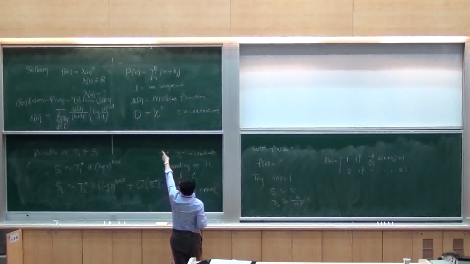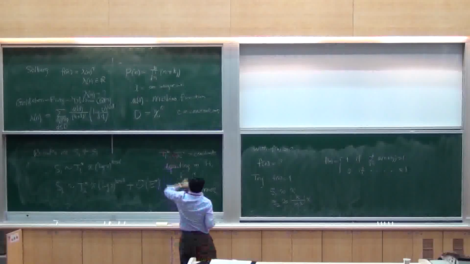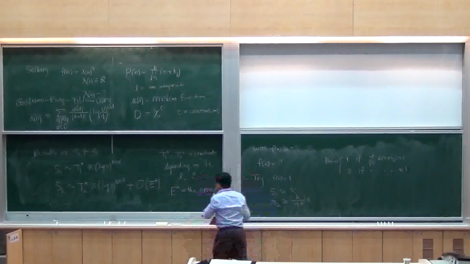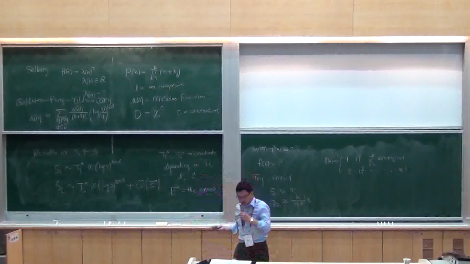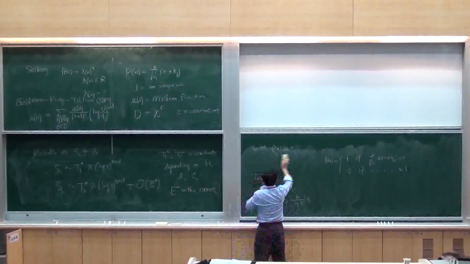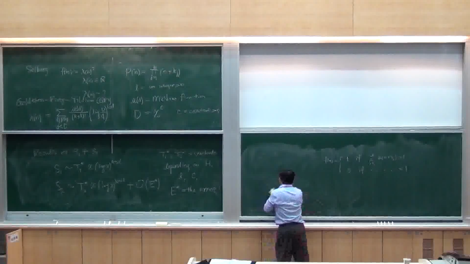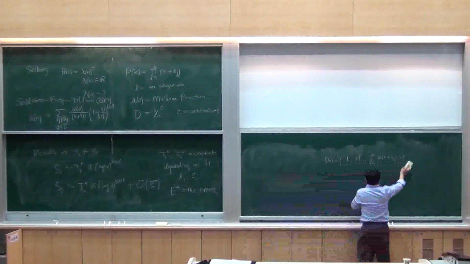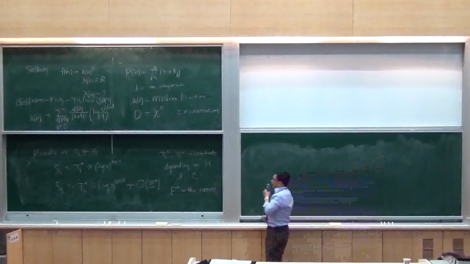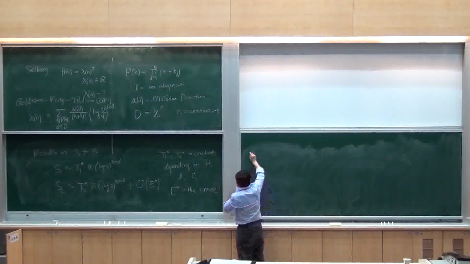Given the capital D is a power of x with the exponent c, depending on the c value, the results could be like this.